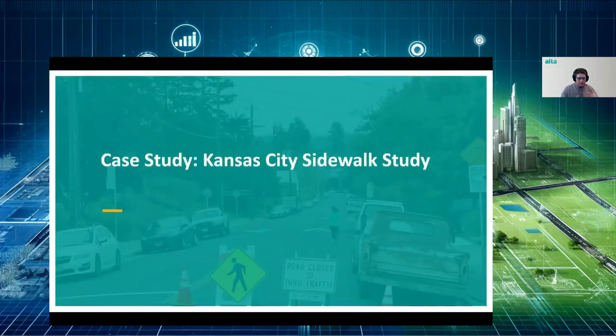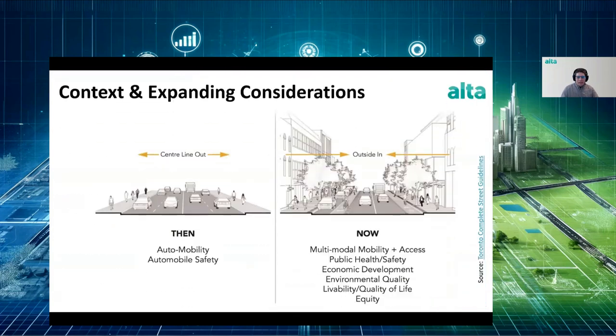And just one case study bringing these all together is Kansas City's sidewalk prioritization study. This was a project where there were a lot of different considerations, like many cities are considering, of how do we make the choice of which sidewalks to build out and where.